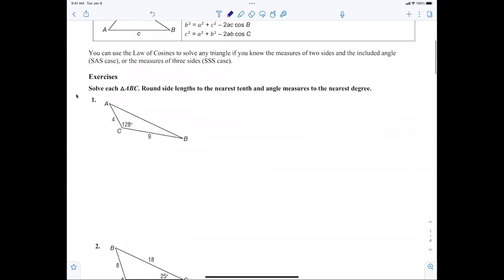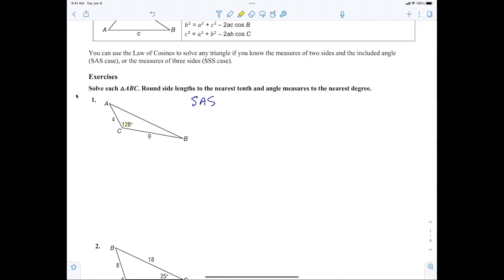Now down here, notice it says solve each triangle, which means we're going to come up with all of the different missing sides and angles. Notice here, this is a what? Side, angle, side. So I know I'm going to use law of cosines. Now listen to my other remark.